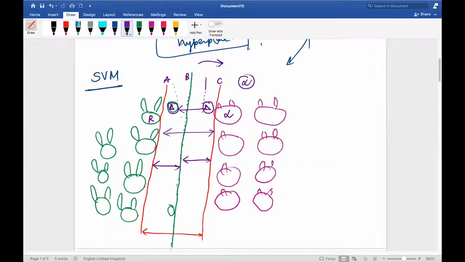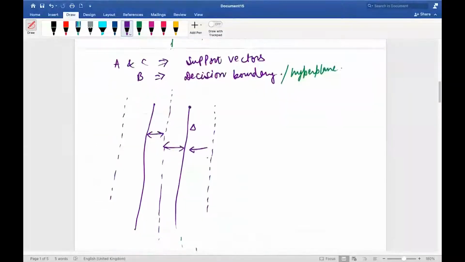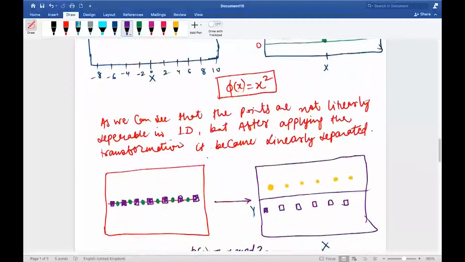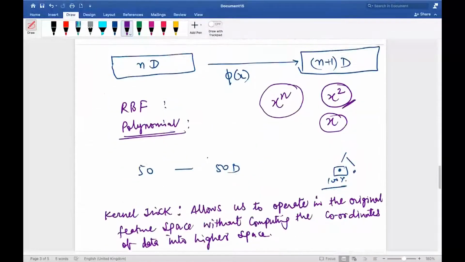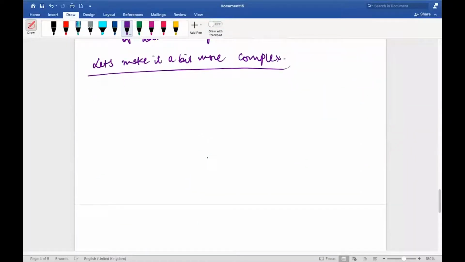Now let us make it a bit more complex. By that I mean, what if the data overlap, correct? So let's say my data looks something like this, okay, let me draw it.